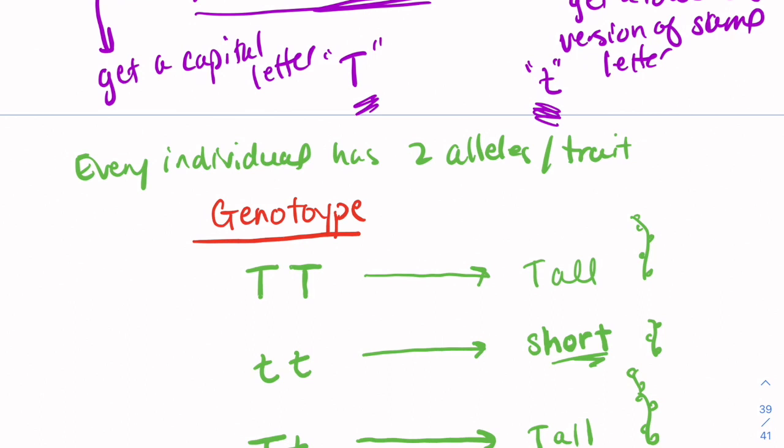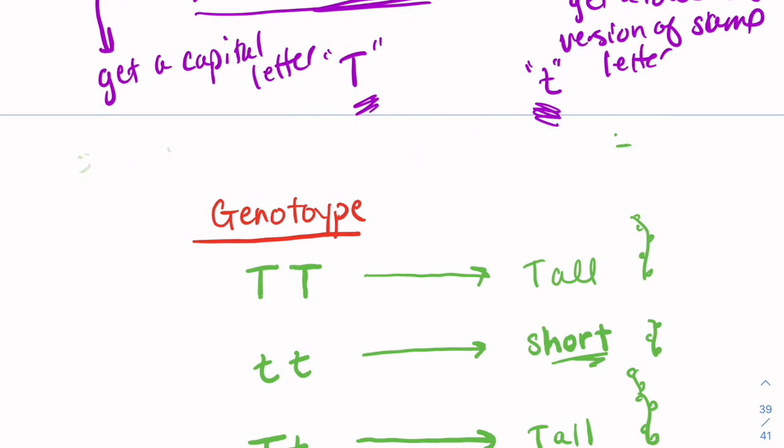The genotype is the combination of alleles, what the alleles are. And remember, alleles are just alternate forms of the same gene. This dominant allele affects the height of a plant, and this recessive allele affects the height of the plant too, just in different ways. So these combinations of alleles are called the genotype.